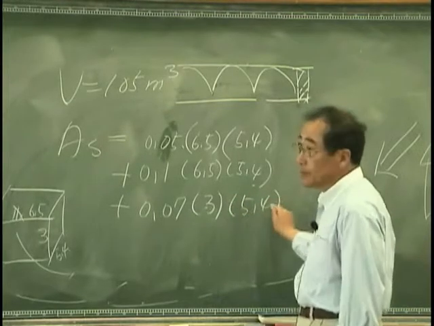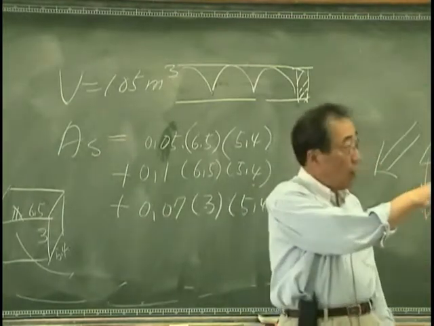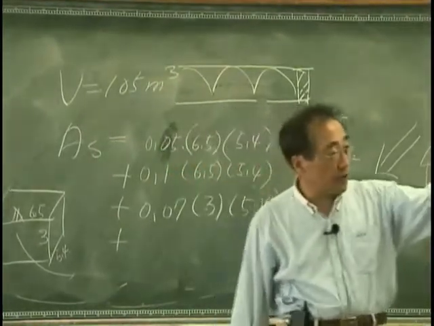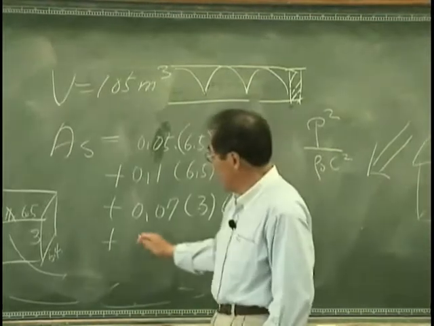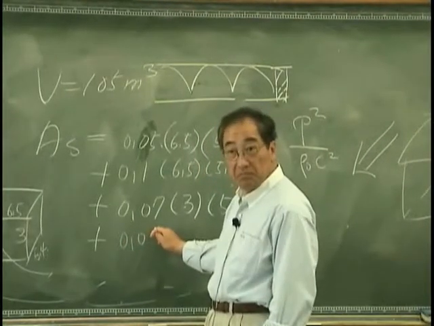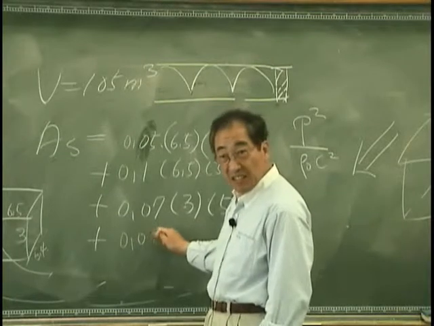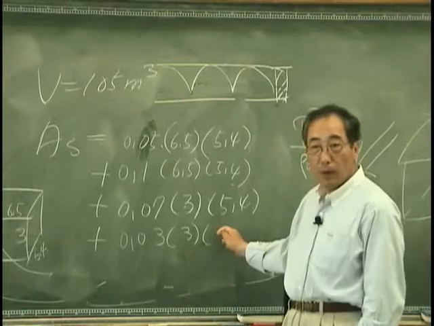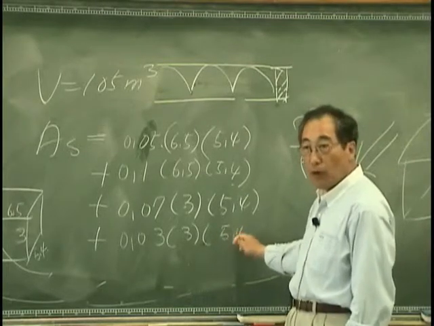5.4. And this one, oh, I have a big window, but I have all the reflection over here, so I will estimate 0.03. Okay. 3 multiplied by what? 5.4.